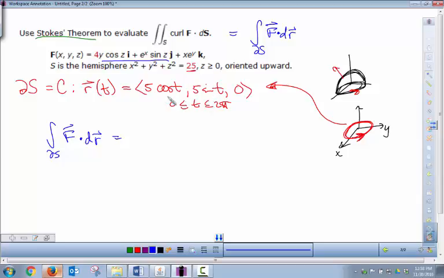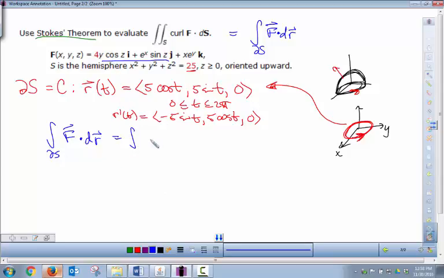And then I'm going to dot it with the derivative. R prime of t is equal to negative 5 sine t, positive 5 cosine t, and 0. So the good news is that when I dot that, the 0 component will disappear.